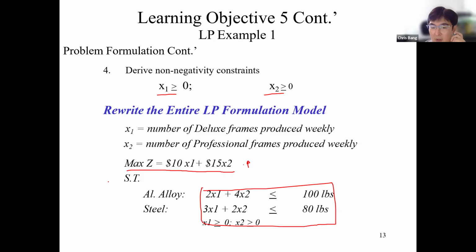Then we list the 2 resource constraints and include non-negativity. The reason is the number of units of deluxe frames and professional frames cannot be negative, which means they must be greater than or equal to 0. And this is the final mathematical form of the original word problem.